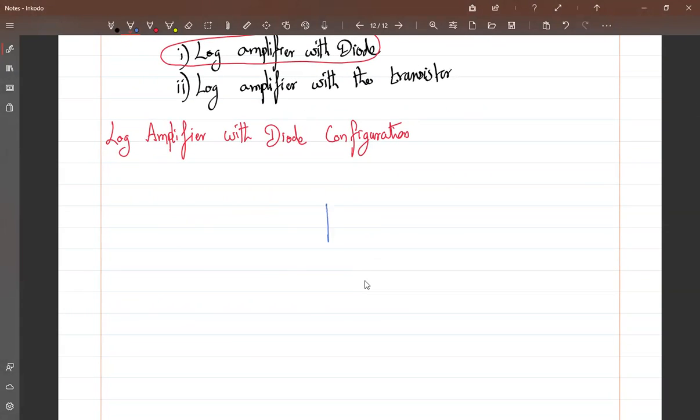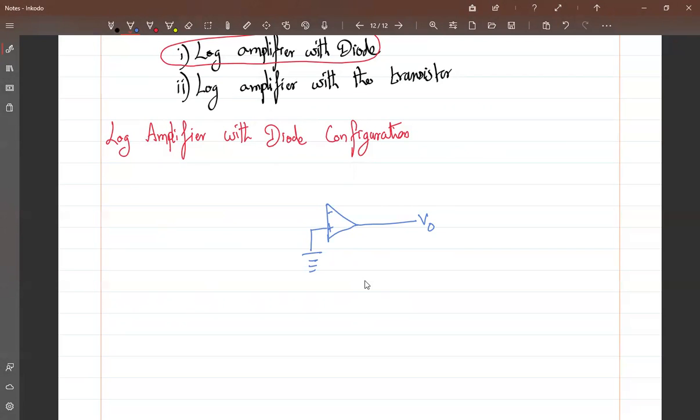Let's take an op-amp. This is the inverting terminal, this is the non-inverting terminal, and this will be the output, V naught. The non-inverting terminal will be connected to the ground, as we are discussing the inverting configuration.